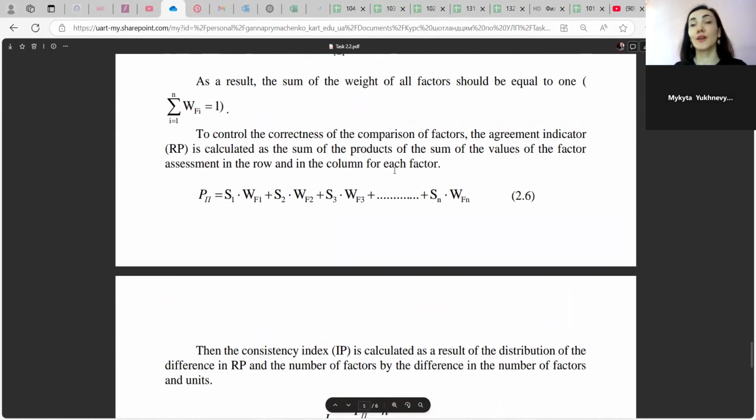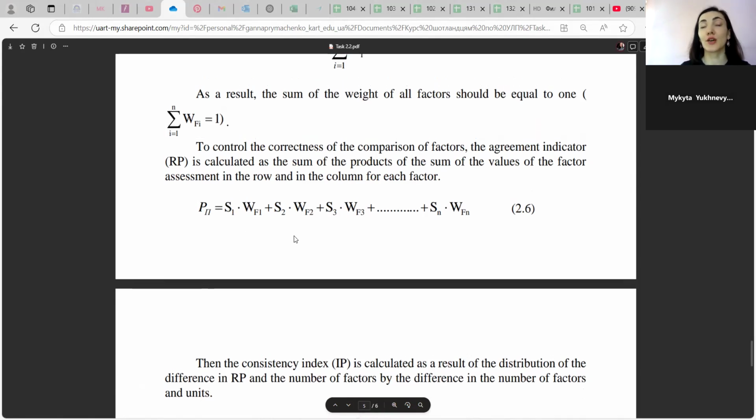In previous lessons we started calculation of formula 2.6 but did not finish, so we check all information about these formulas. Please write in your paper book or in your electronic document this calculation: P with index p is equal to, and we need to find such parameters in our table, S and W. W with index F is the weight for every factor that we calculated, and S is the sums of differences between different factors.